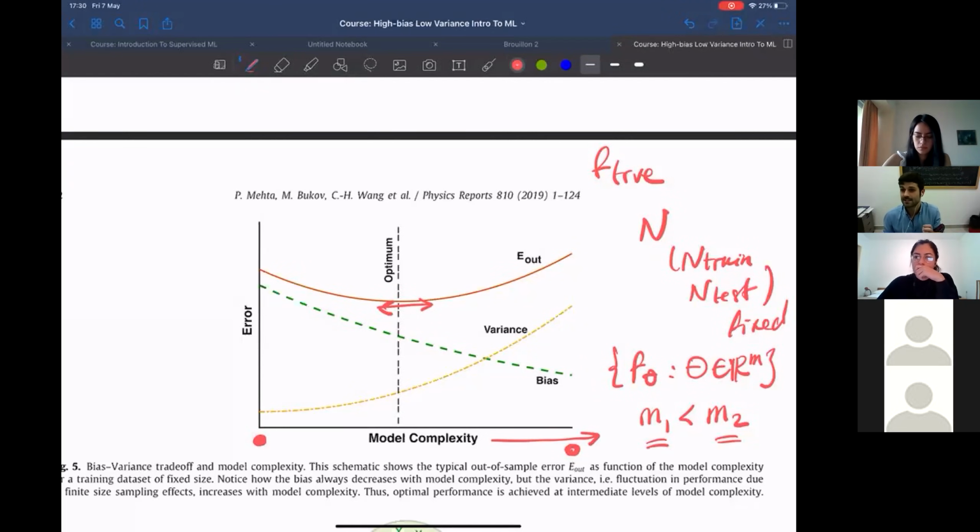Okay, and this is a priori unexpected. You could think naively that if you increase the model complexity, you have more and more degrees of freedom to fit your data. You will do better because you can capture richer functions. But this is wrong.